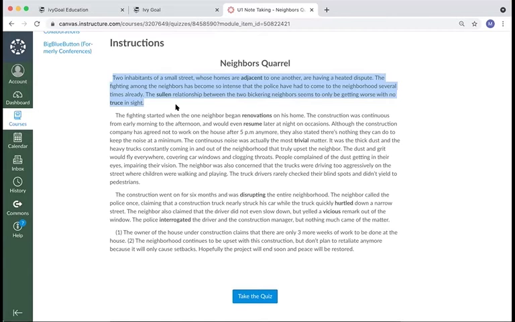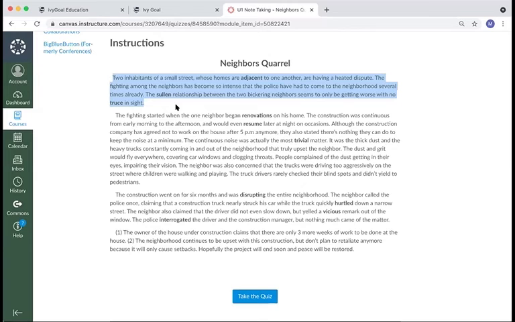Two inhabitants of a small street whose homes are adjacent to one another are having a heated dispute. The fighting among the neighbors has become so intense that the police have had to come to the neighborhood several times already. The sullen relationship between two bickering neighbors seemed to be only getting worse with no truce in sight.